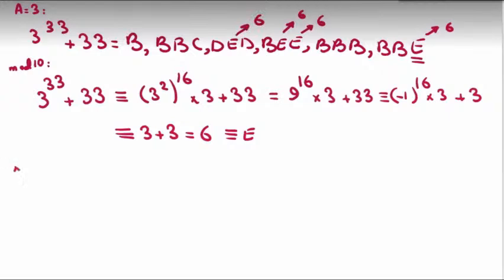Now another important thing is to consider mod 9, the sum of the digits. On the left hand side, 3 to the 33 is 0 and 33 mod 9 is 6. That is congruent to the sum of the digits.